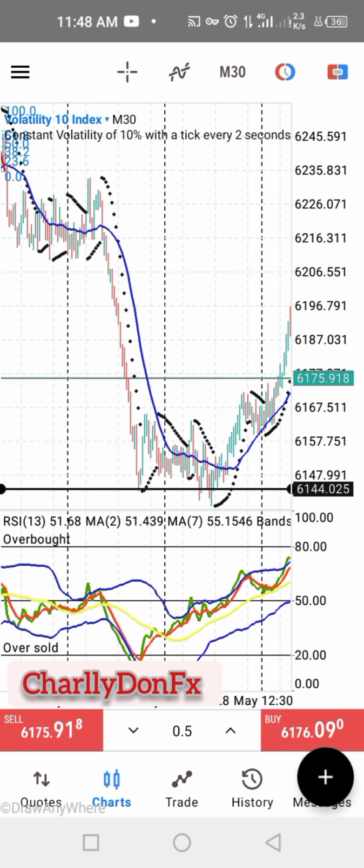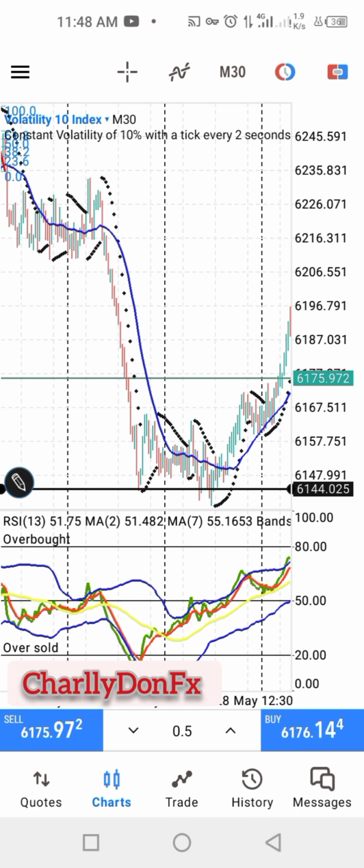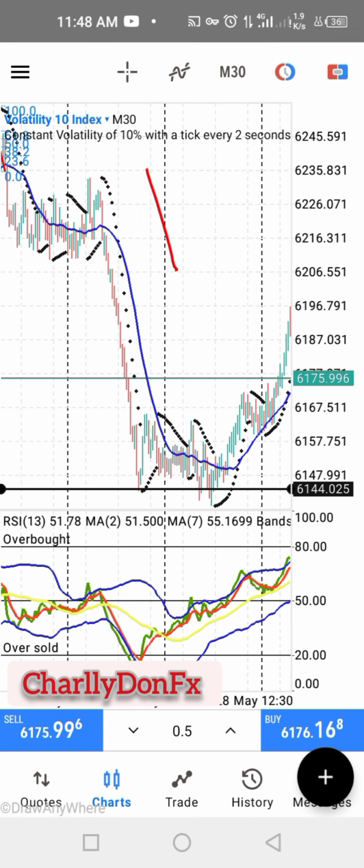So now, for example, this is the low of a previous day. We take note of that low. Now, when the market gets to this place the following day, we expect it to head upward, but it will not play itself out that way.